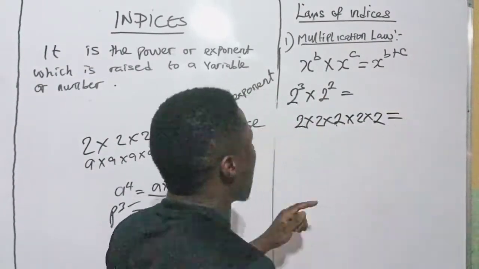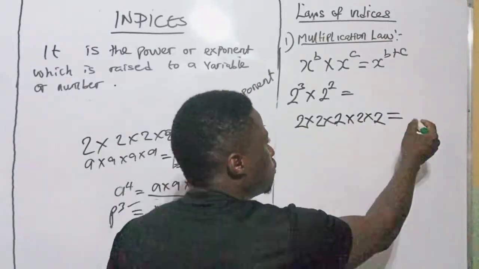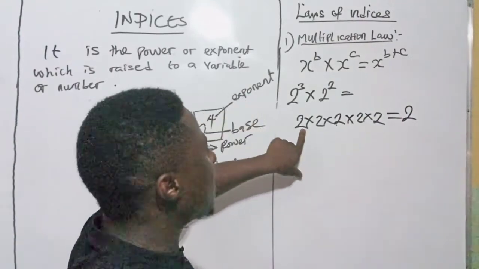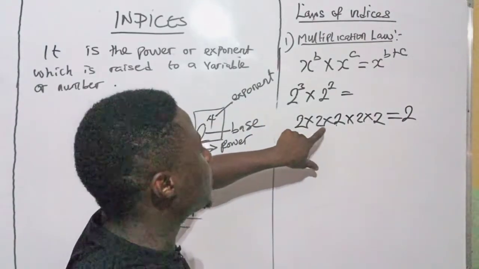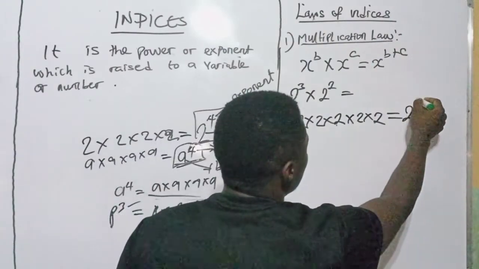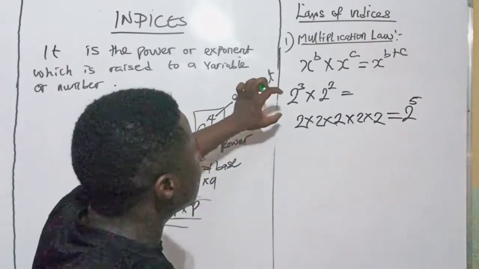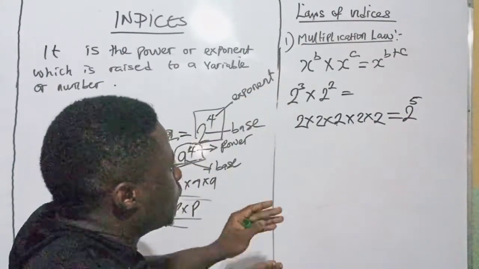So in total, I'm going to have 1, 2, 3, 4, 5. The base here is 2. How many times do we express the product of 2? 1, 2, 3, 4, and 5, right? Okay, I'll have it as 2 raised to power 5.